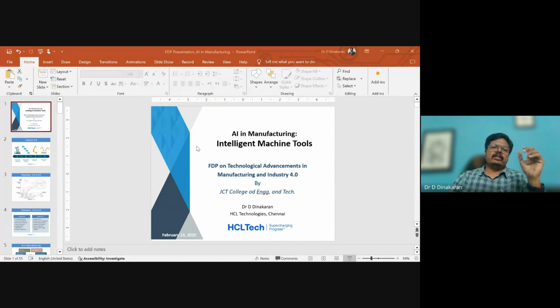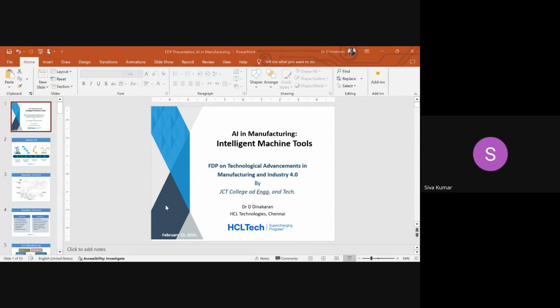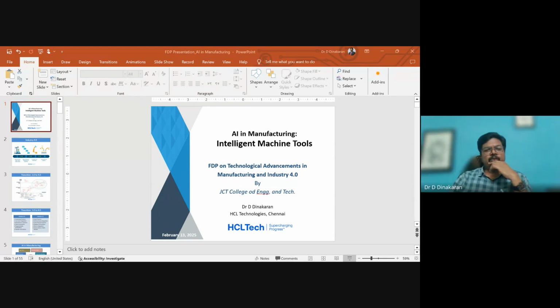Everybody knows that Industry 1.0 started with mechanization, water power, and steam power. Then it moved from Industry 1.0 to 2.0, mass production and the assembly line, when electricity was introduced in the factories.